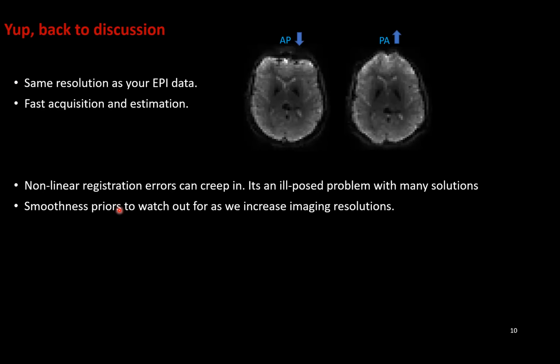Does that solution match with the B0 field offset? Right? And another aspect that's important to keep in mind, it's not an issue with low resolution scans, but with high resolution scans, we have these smoothness priors built into all of the estimations in this method. Is your field smooth at high resolution? Does iron in blood appear smooth in your field map, right?